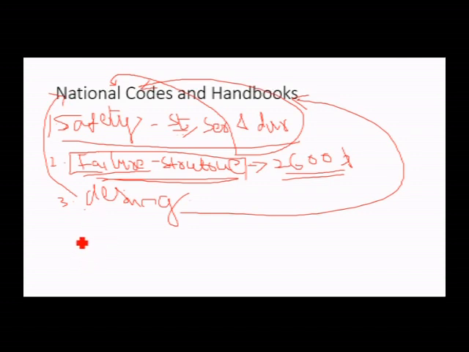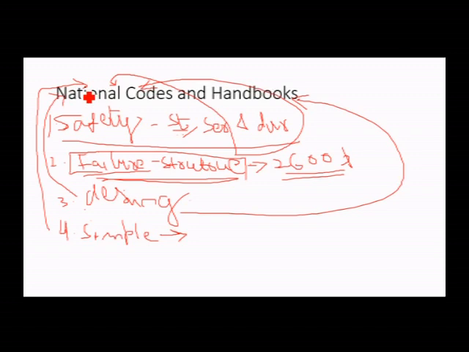It is also a simple procedure. You need not go and search for any kind of material, because once you go for this IS code book, you will get every inch of details regarding all the materials and total structure of construction.